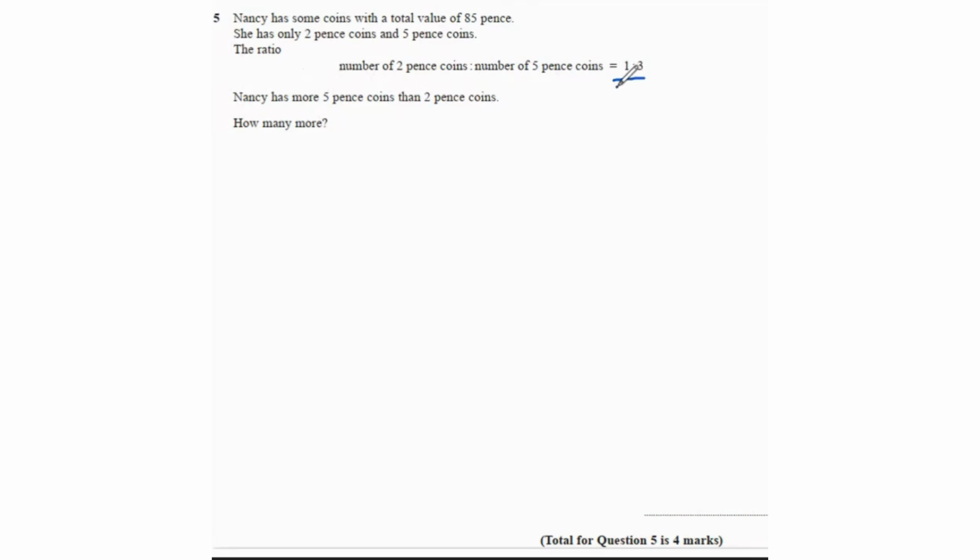So if you look at the ratio, for every 1 2 pence coin, she has 3 5 pence coins. So we can say that 2x plus 5 times 3x equals 85. What is x?